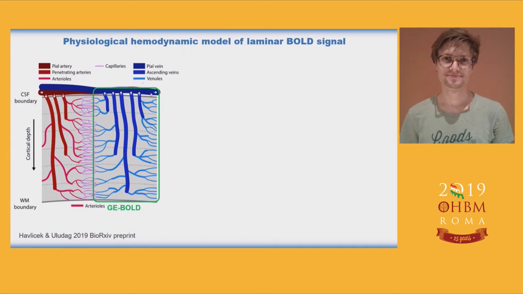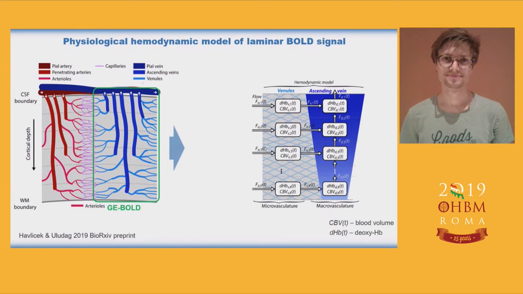You can also see that those ascending veins increase their density towards the surface. It's exactly this anatomical relationship between venules and ascending veins, and the functional role of ascending veins, which we are trying to model with our hemodynamic model.